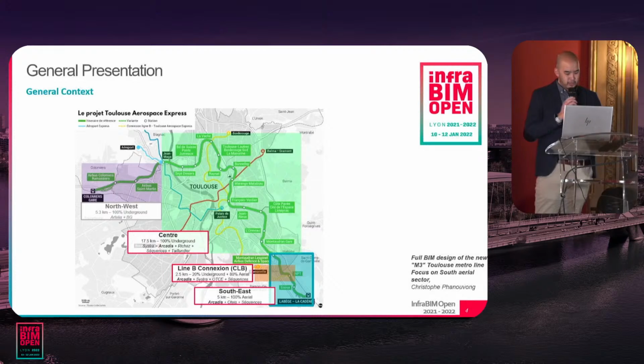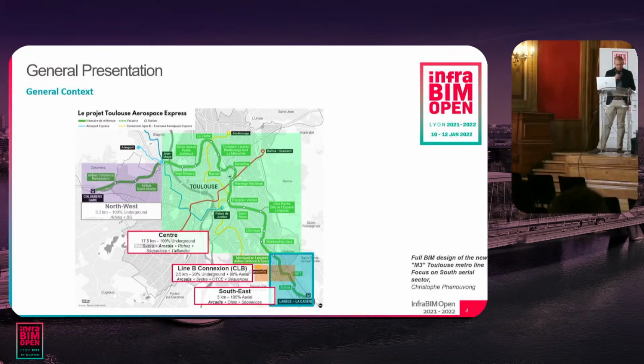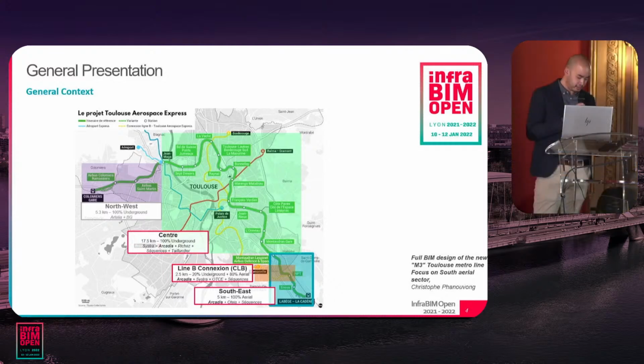This is from this necessity that the third line of metro of Toulouse was born, which we could also call M3 or TAE, for Toulouse Aerospace Express. It's a 27 kilometers long project.